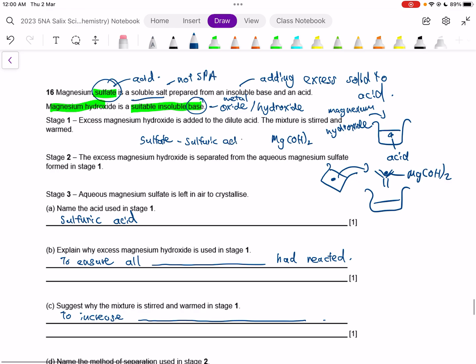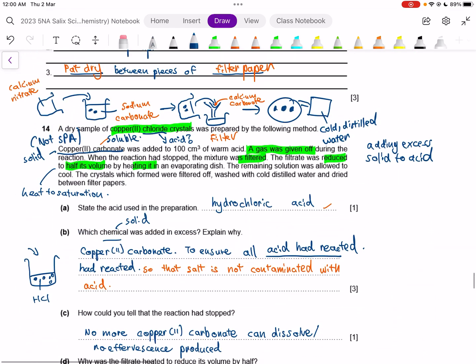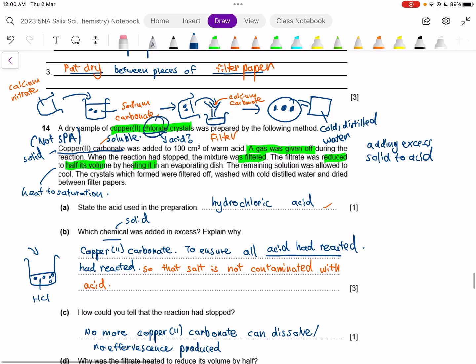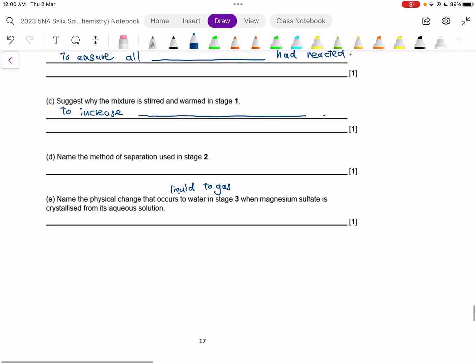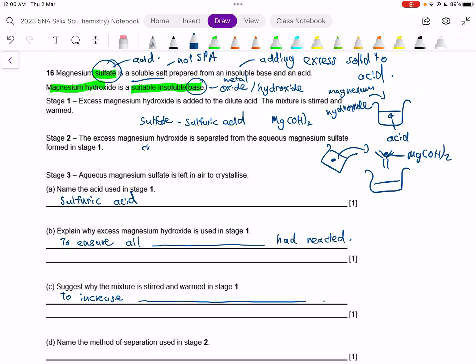In the other question, I used a chloride salt, so I used hydrochloric acid. Try to see the pattern here. Then you have a nitrate salt, so I use nitric acid.